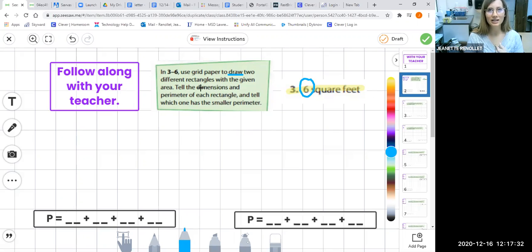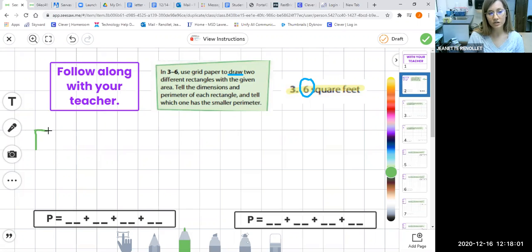I'm thinking about 6. I know that I can make a shape that's 1 row with 6 in it. I'm going to choose green. And all the way to the left, I'm going to draw 1 square unit, 1 row. And I'm going to put 6 squares in that row.